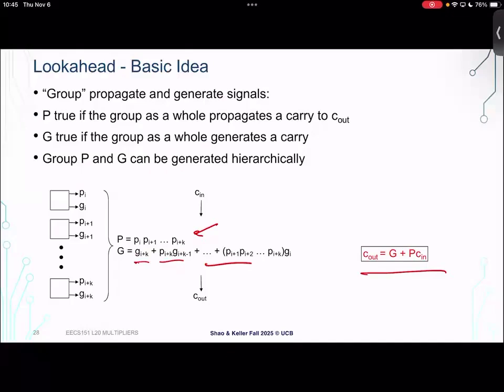And just like the bitwise propagate and generate, the group propagate and generate signals can be pre-computed ahead of time for the whole set of bits that are our inputs.